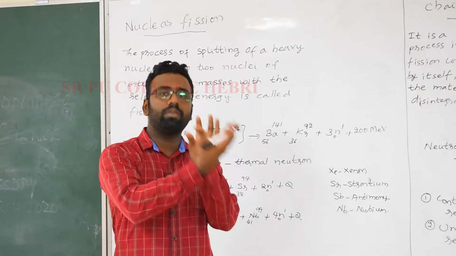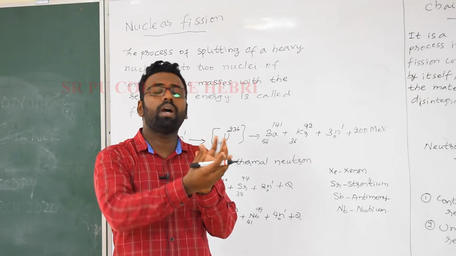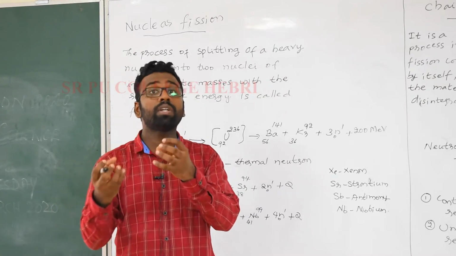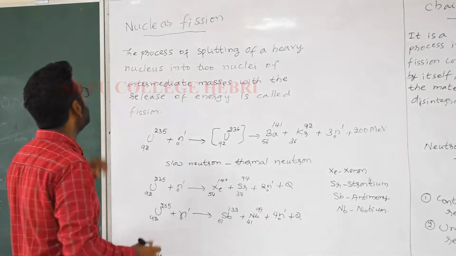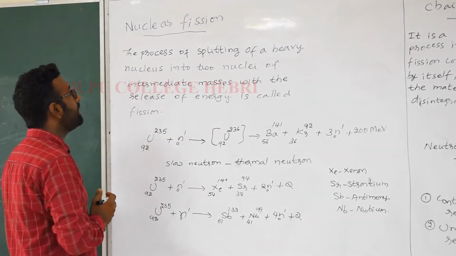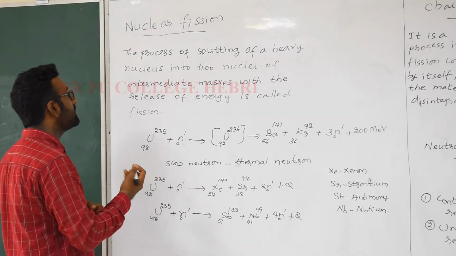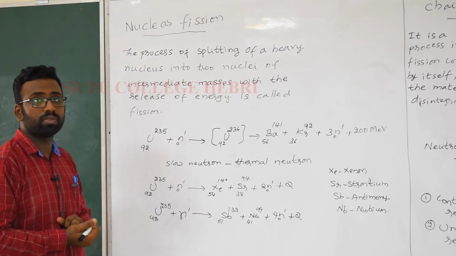Now the initial apple is considered to be the parent nucleus, and the two pieces you have are the daughter nuclei.